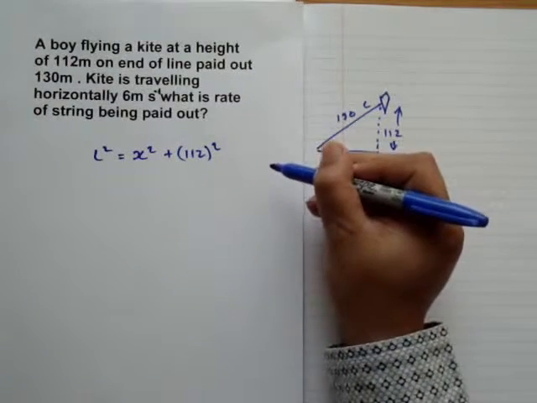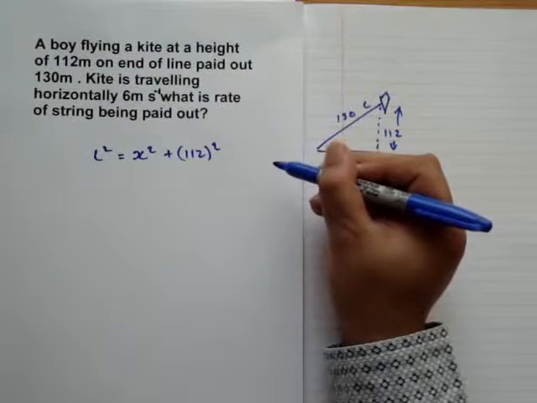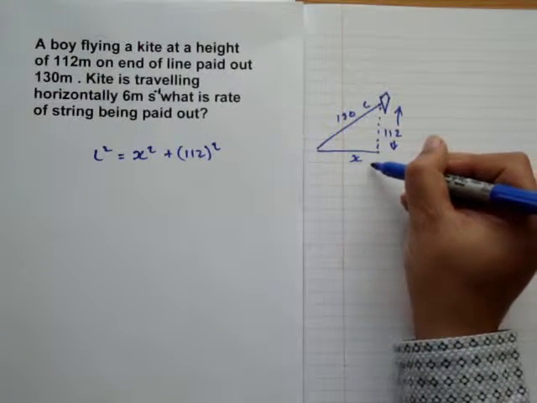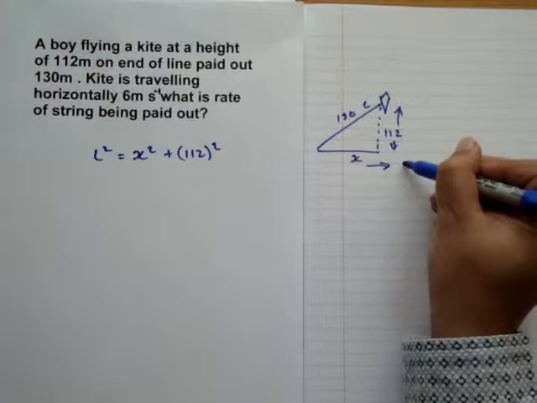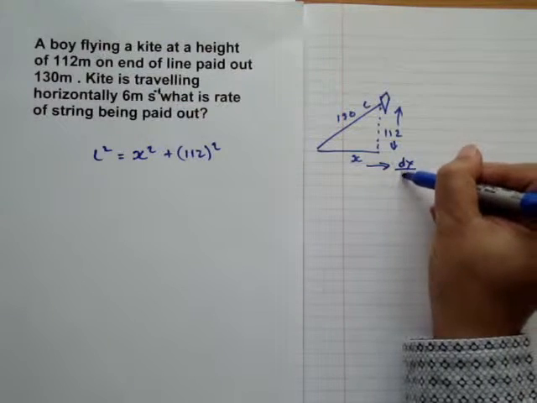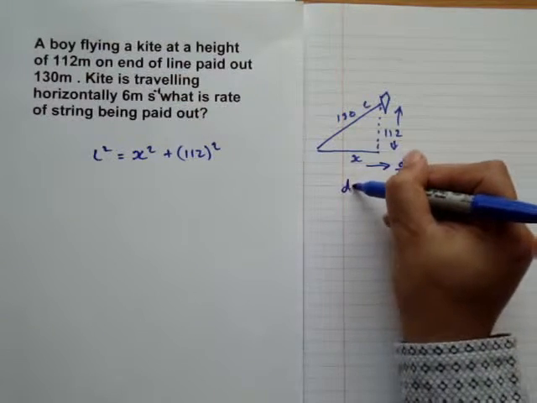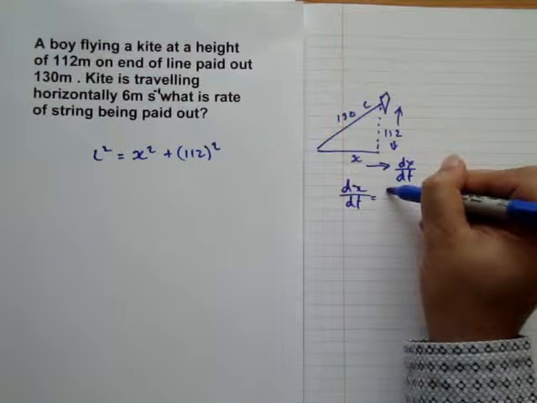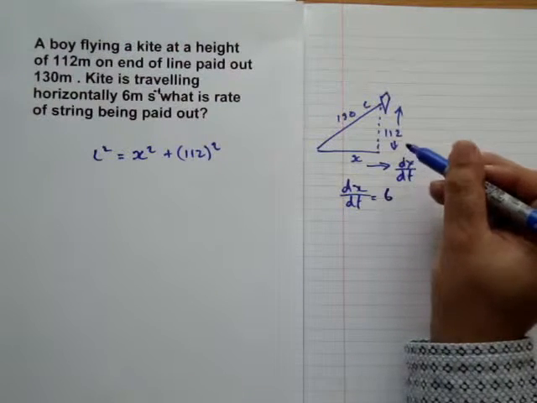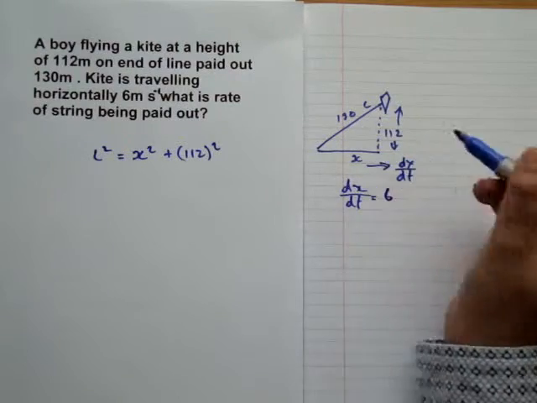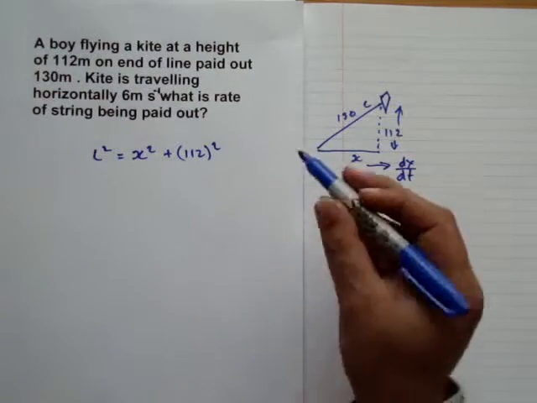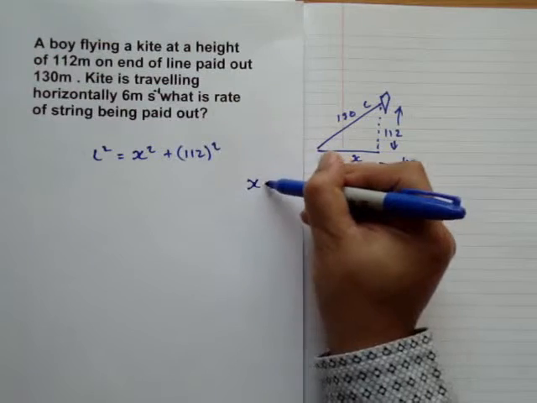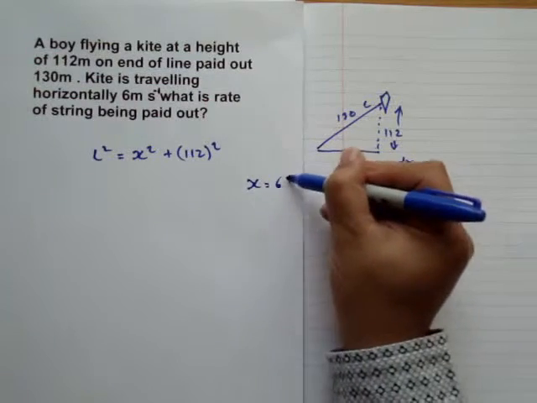And they've told us that it's travelling horizontally, so dx by dt is 6. We want to find x, so using Pythagoras we get x is 66.